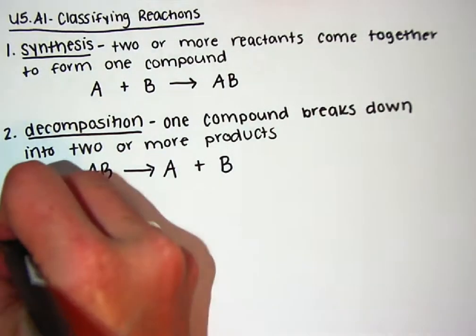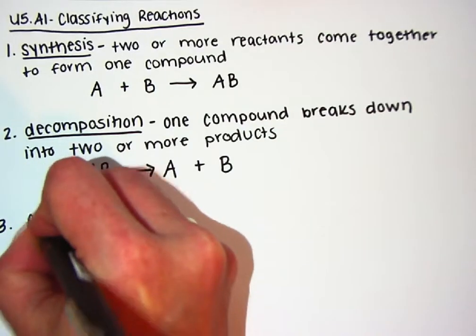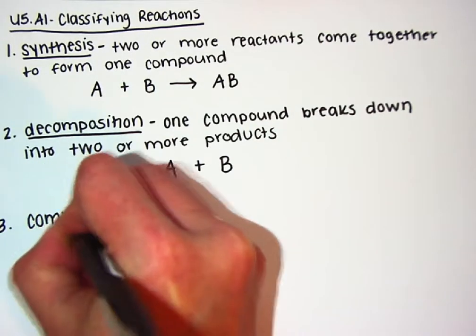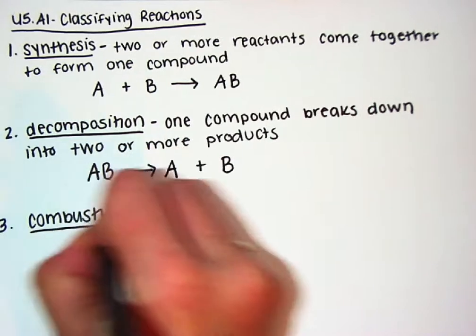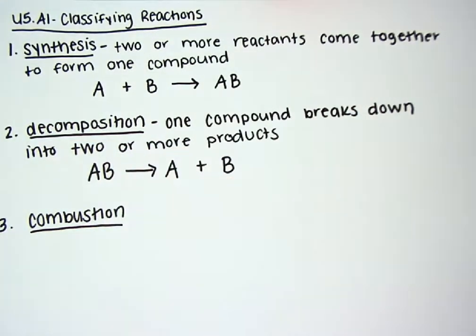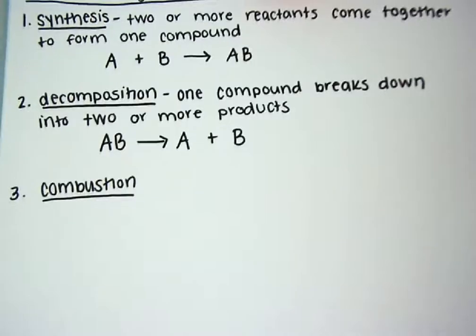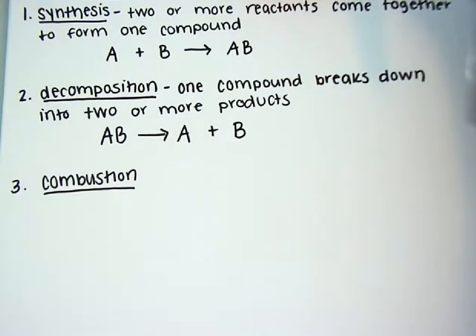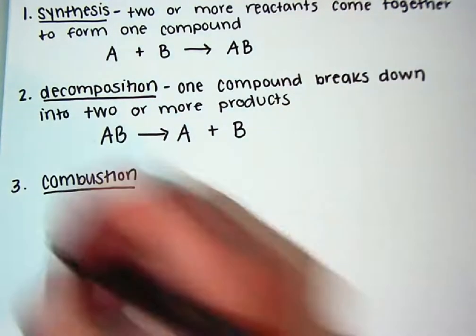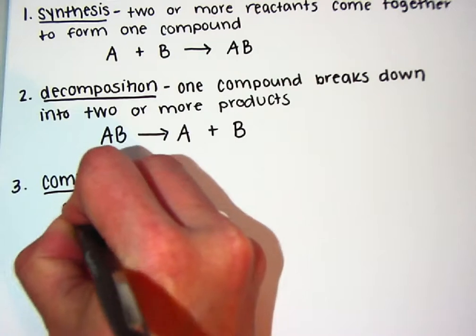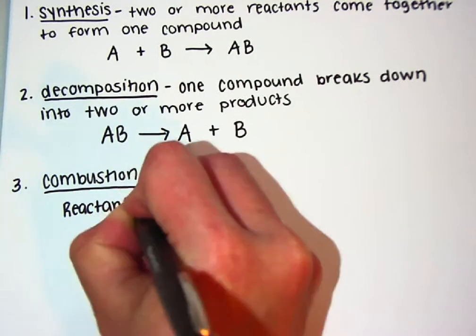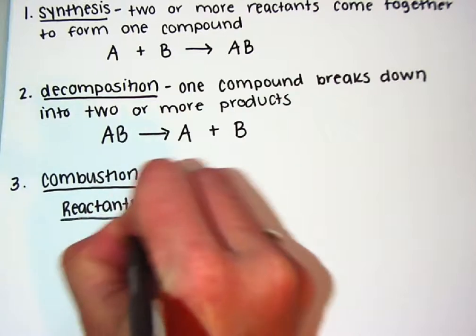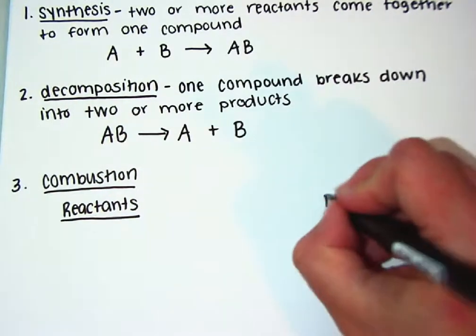Next, a combustion reaction. Combustion is an exothermic reaction, meaning it's going to release heat. Whenever we have a combustion reaction, we have the same types of reactants and products.